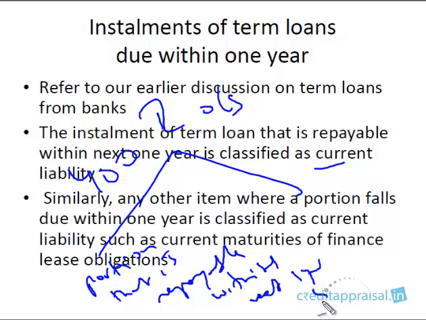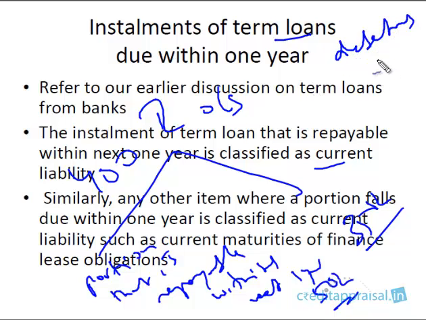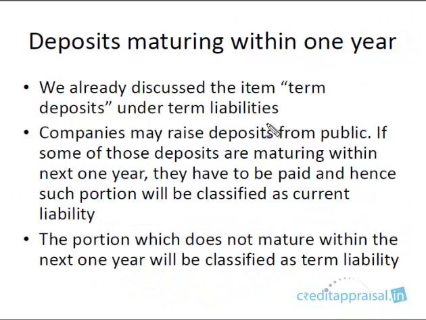Let's say for example, out of the 400 term loan outstanding, say 50 lakhs is due in the next 1 year. So this will be current liability and the balance 350 will be term liability. Okay. So it's not just about term loan installments. Any item, say for example debentures, there will be some payment due within the next 1 year. Right. So any item a portion of which falls due within the next 1 year will be classified as a current liability and the balance will be classified as a term liability.